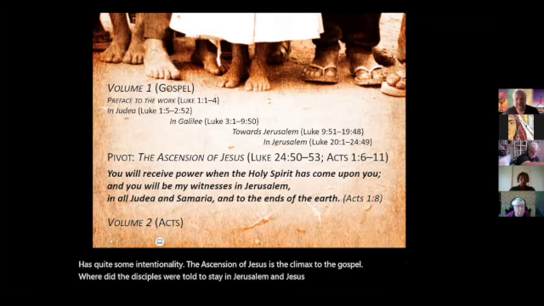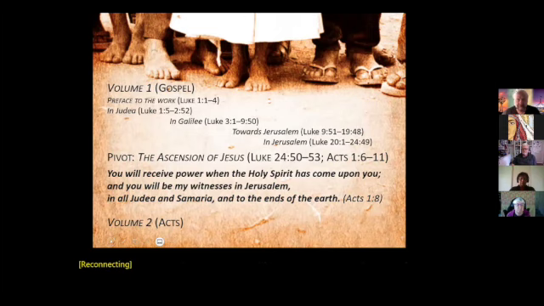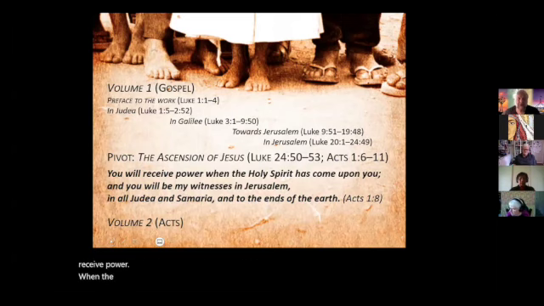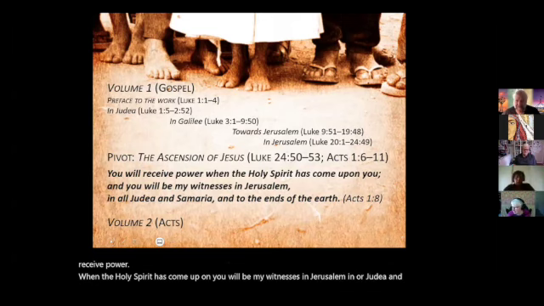But the ascension, after another little prologue at the beginning of Acts, is the opening scene in Acts, from Acts 1:6 till 11. And in that Jesus gives a theologically and geographically significant statement. You will receive power when the Holy Spirit has come upon you. You will be my witnesses in Jerusalem, in all Judea and Samaria, and to the ends of the earth.